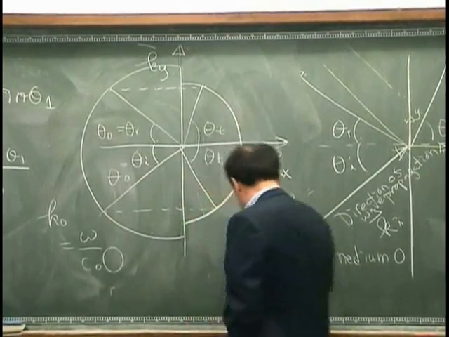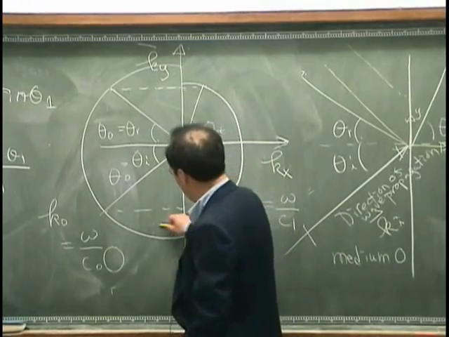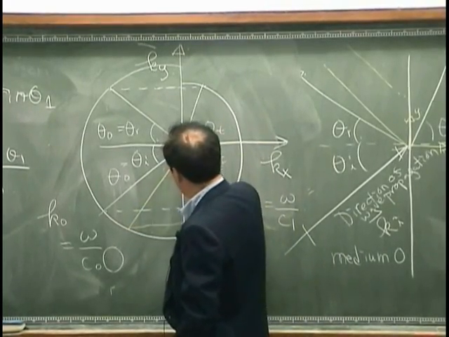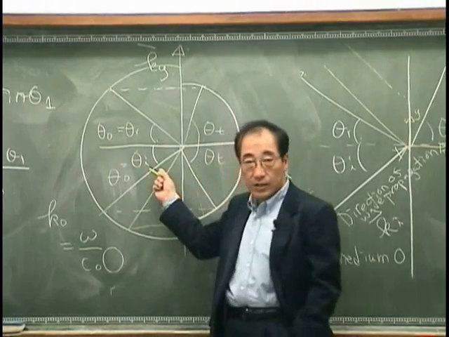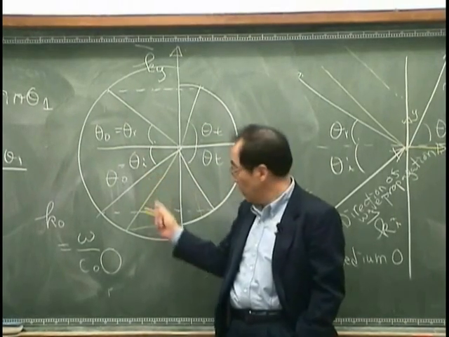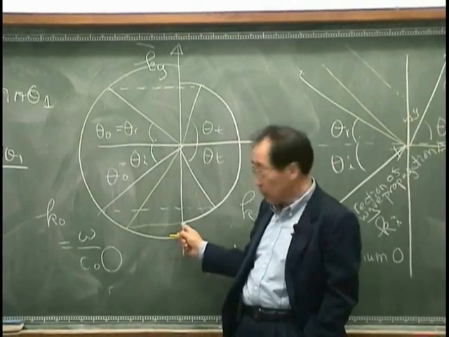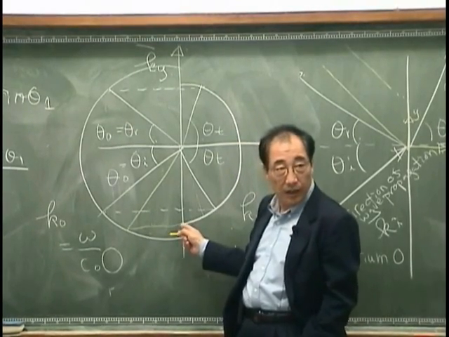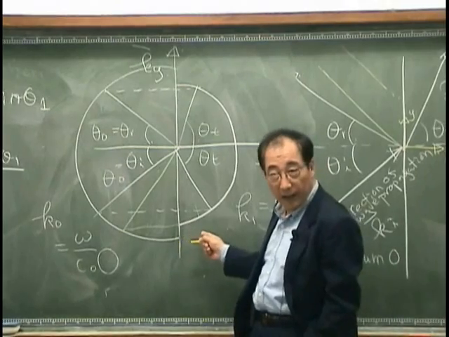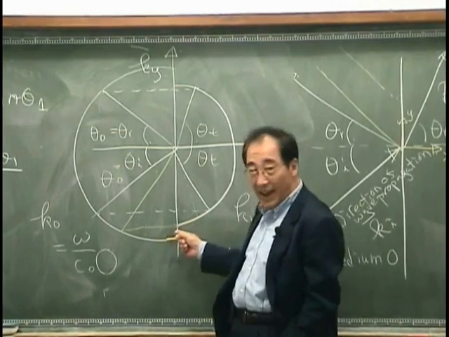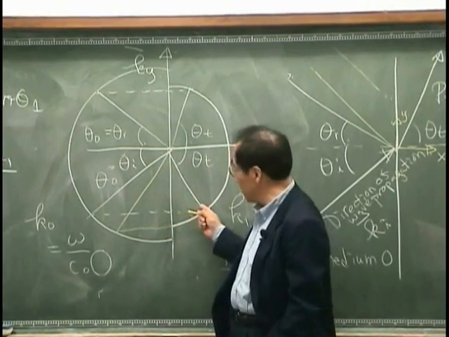What if I have an angle of incidence greater than this? Then I have a trace wave number that is bigger than this, right? And there's no way to match this trace wave number using this wave number.